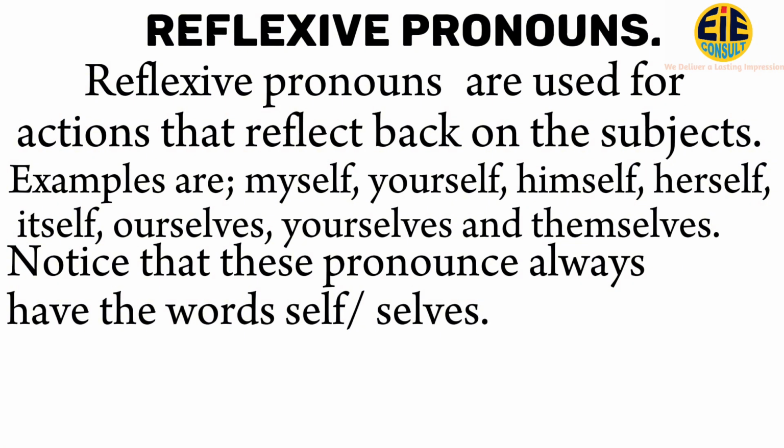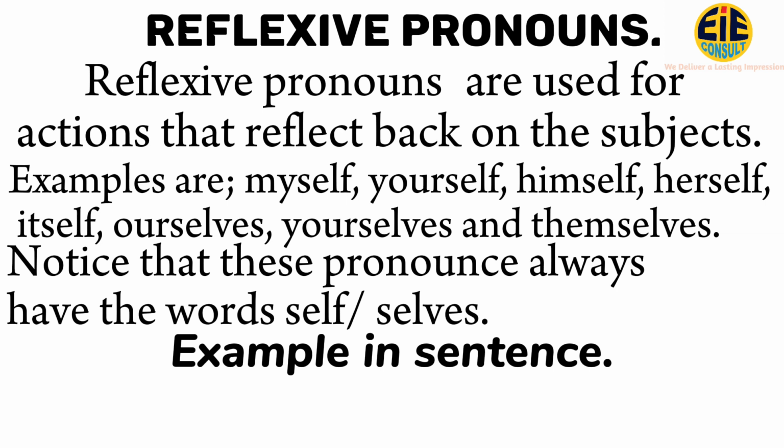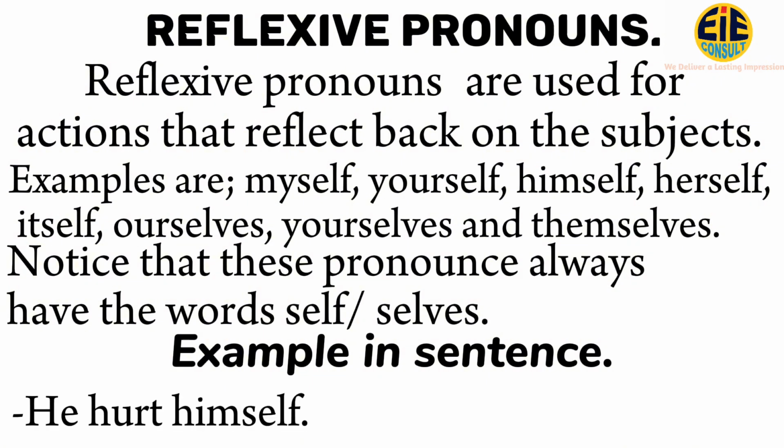Notice that these pronouns always have the words self, selves used together with other pronouns to form the reflexive pronouns. In a sentence, a reflexive pronoun can be used thus: he hurt himself. In that sentence, himself is referring back to the subject he, and that's why himself is called a reflexive pronoun.